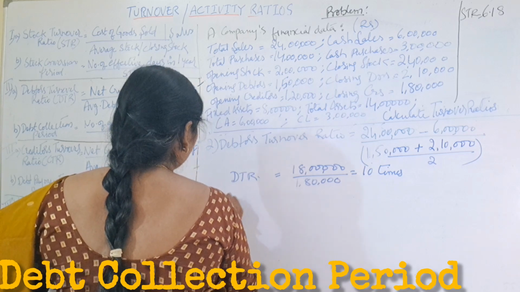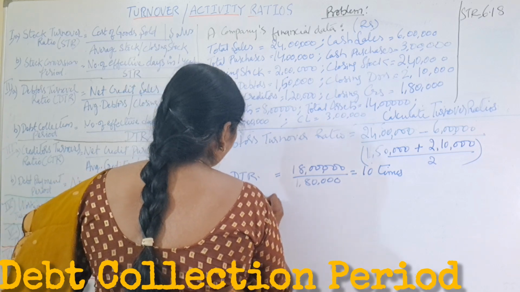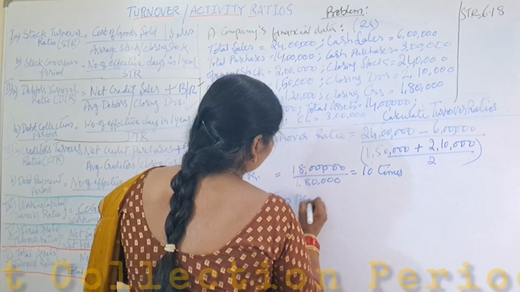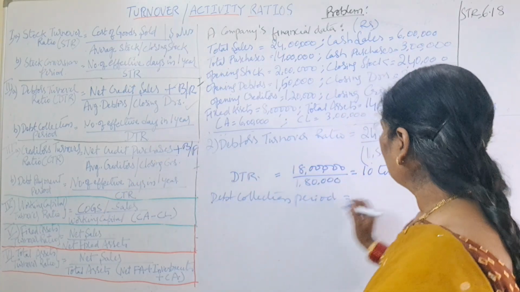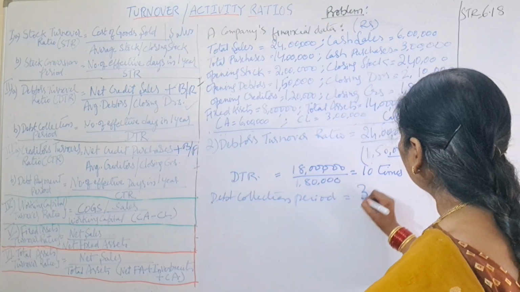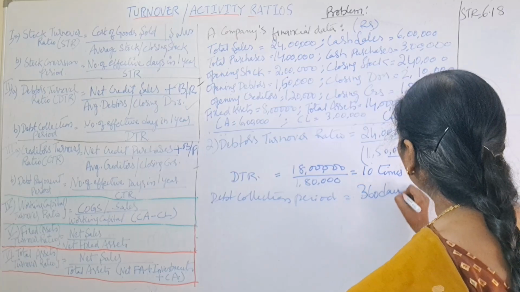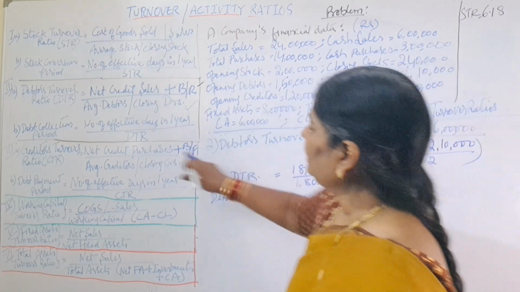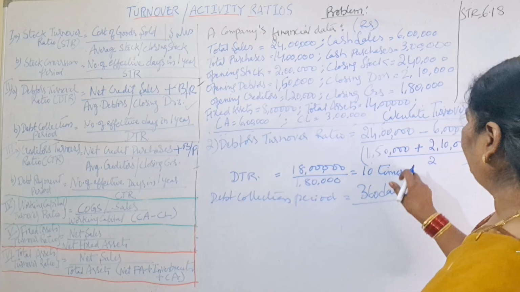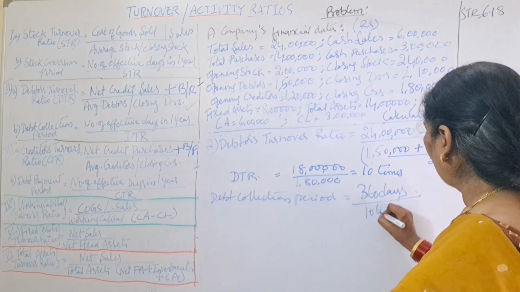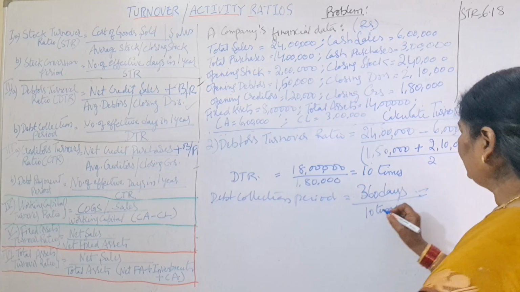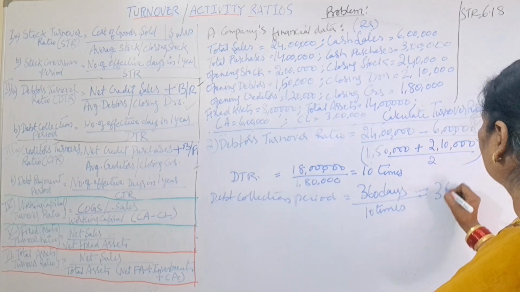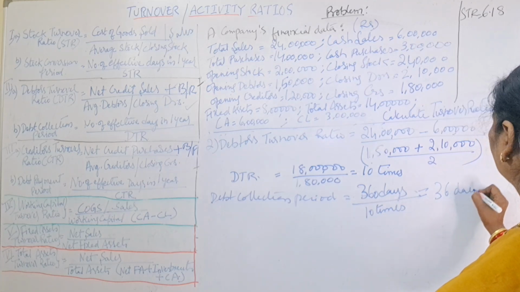Next, debt collection period. What's the formula? Number of effective days in 1 year, so here we will take 360 days divided by DTR. What is our DTR? 10 times. So 360 days divided by 10 times means it is 36 days.